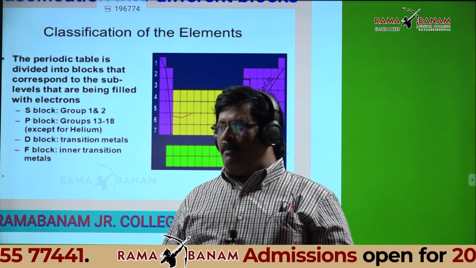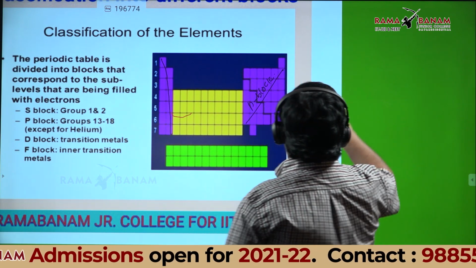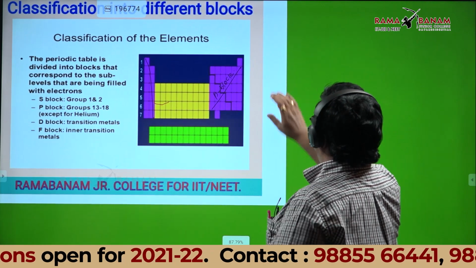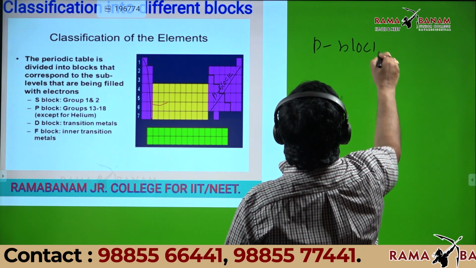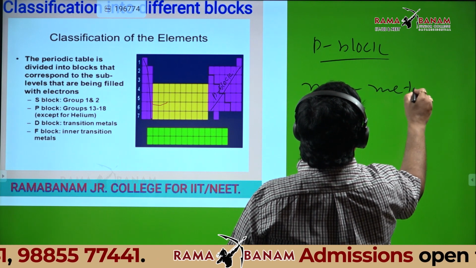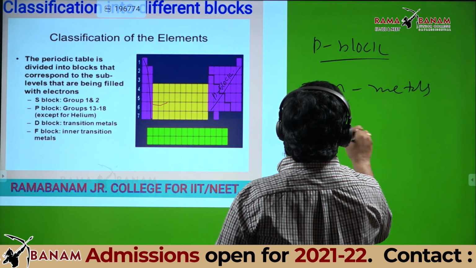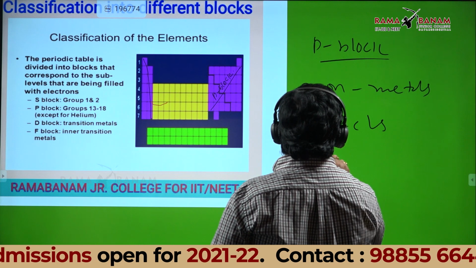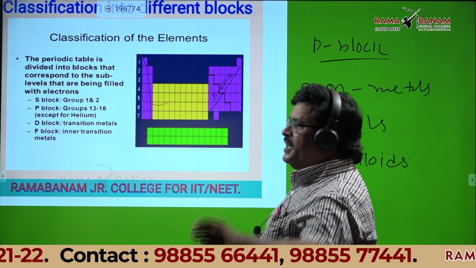Then what type of elements are present in the P block? Metals, non-metals, or metalloids? The P block contains non-metals, metals and metalloids. All three types of elements are present in the P block.